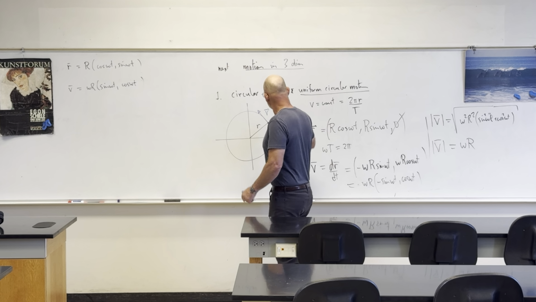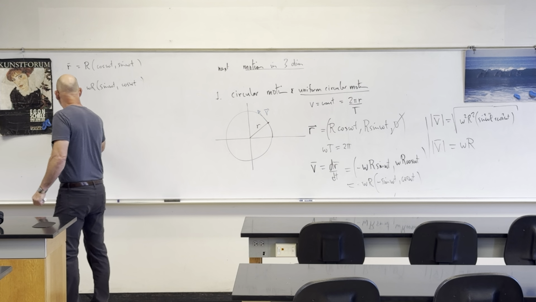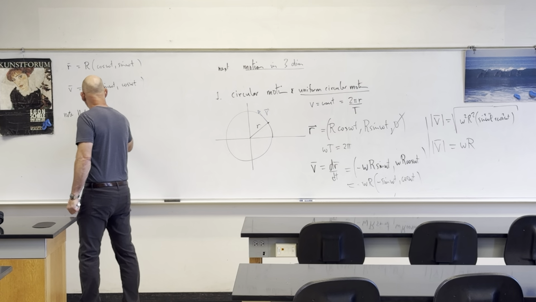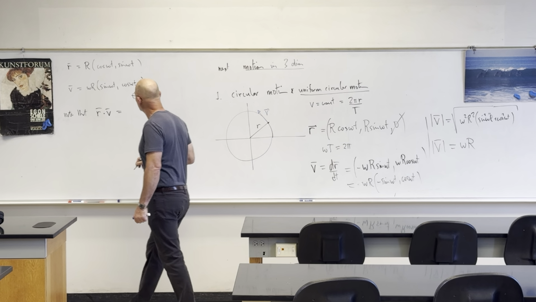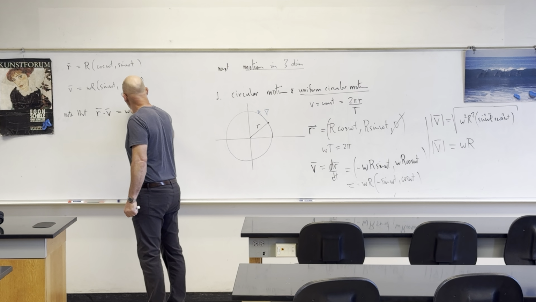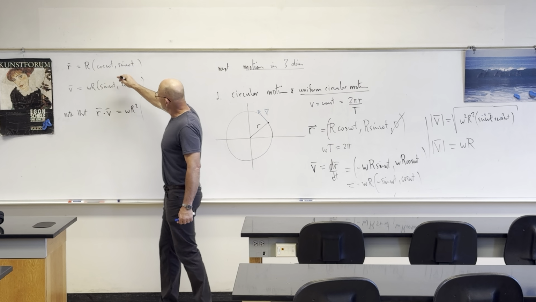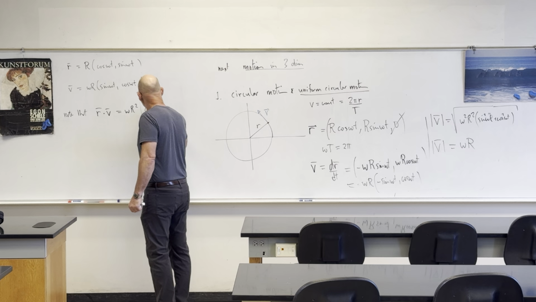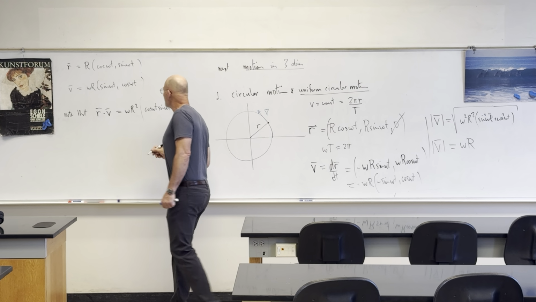And the point that I just made here is that, note that R dot V is equal to omega R squared. The dot product is what I'm interested in. I've got a cosine omega t sine omega t.